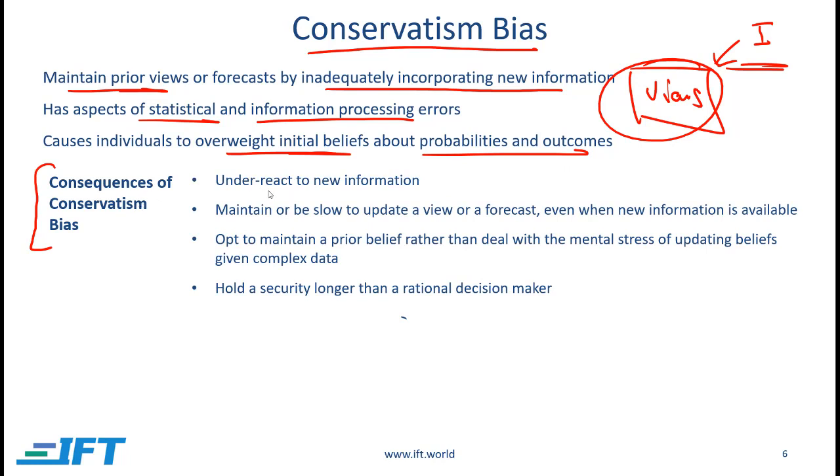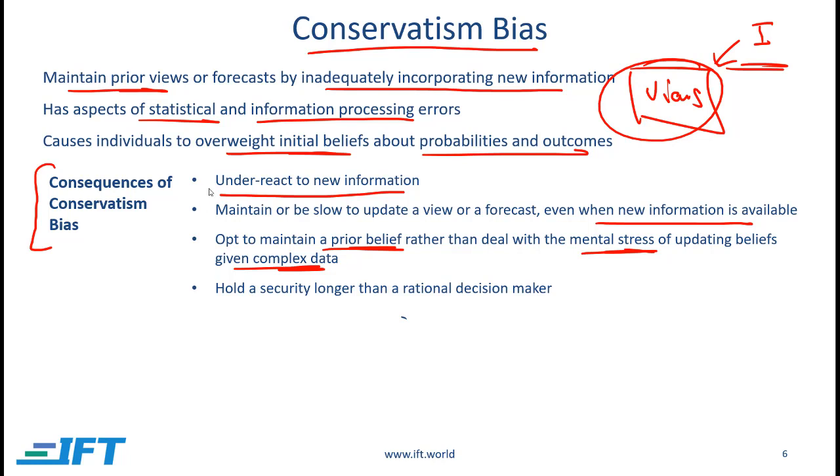One obvious consequence is that people with this bias will underreact to new information. People will also maintain or be slow to update a view or a forecast even when new information is available. People might opt to maintain a prior belief rather than deal with the mental stress of updating beliefs given complex data.